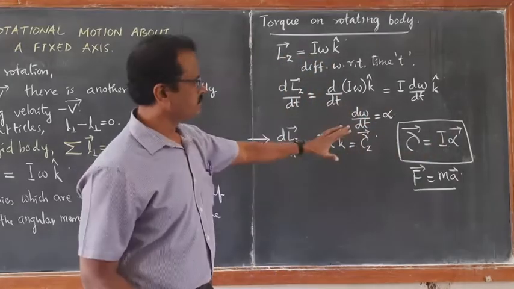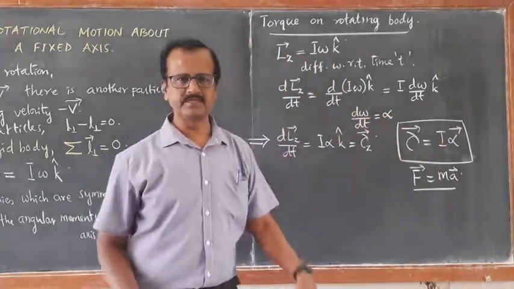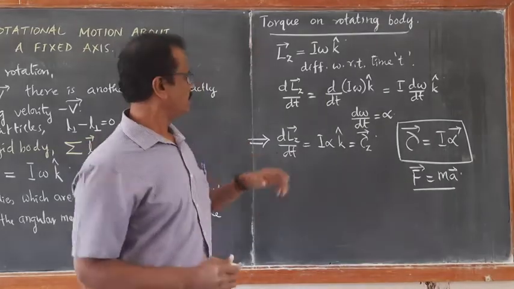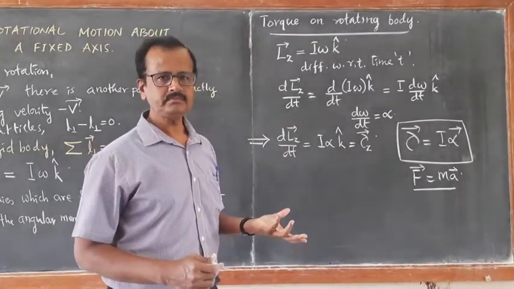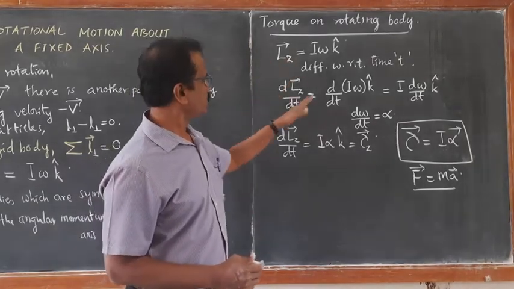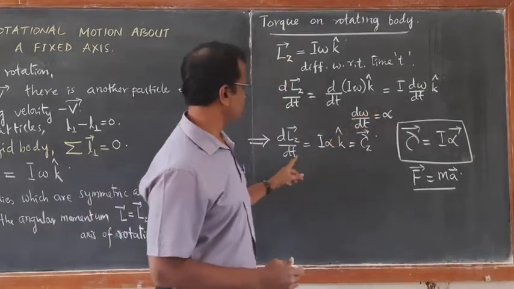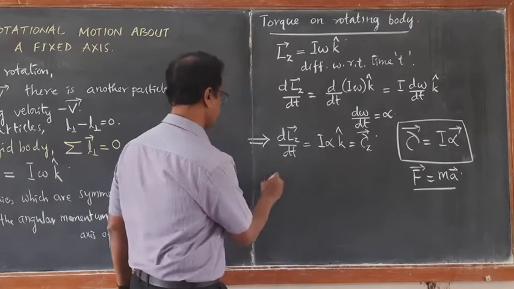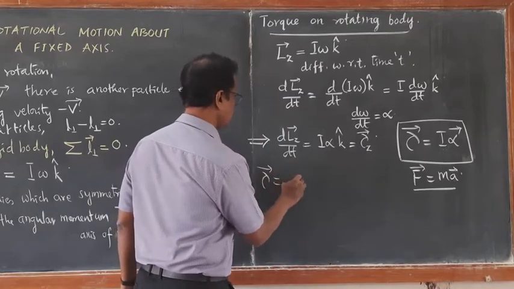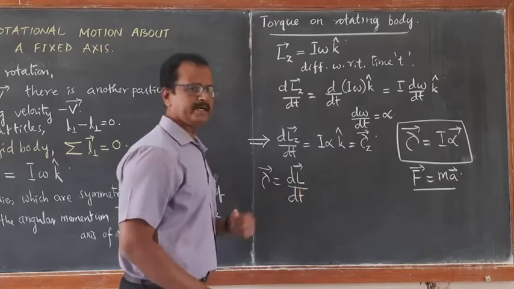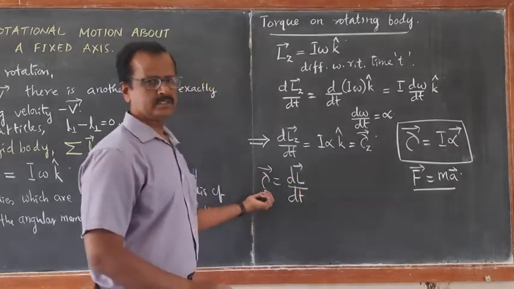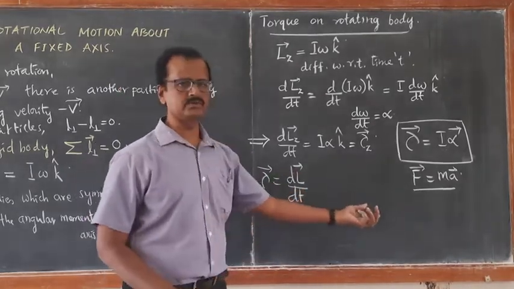So if there is no external torque, then dL by dt becomes 0. Since torque tau is equal to dL by dt, if external torque is 0, then dL by dt becomes equal to 0.